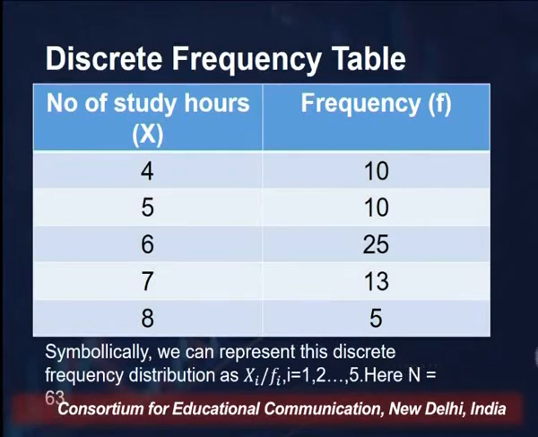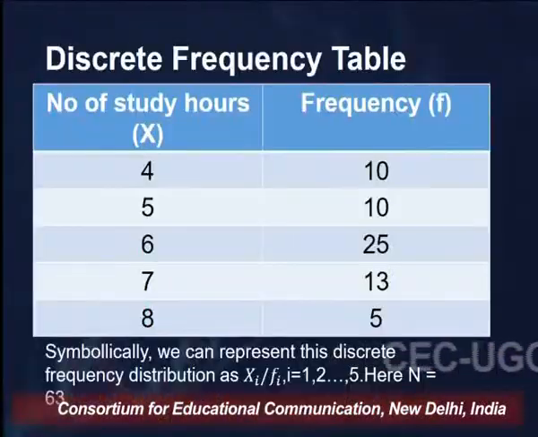Here you can see, by looking at the data we realized that there are 5 values, 4, 5, 6, 7, 8, and 4 is repeated 10 times, 5 is repeated 10 times, and 8 is repeated 5 times. These frequencies, when you add them up, should become 63. That means all the observations have been taken into account. If it is less than 63, you have missed some observation in finding the frequency. If it is more than 63, you have doubly counted a particular observation.